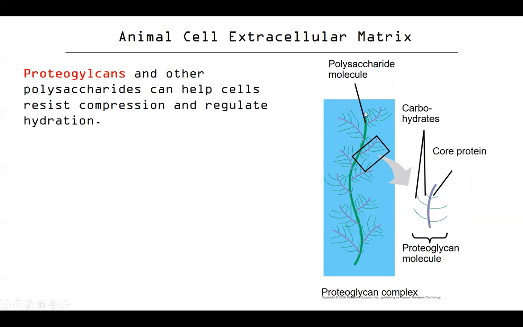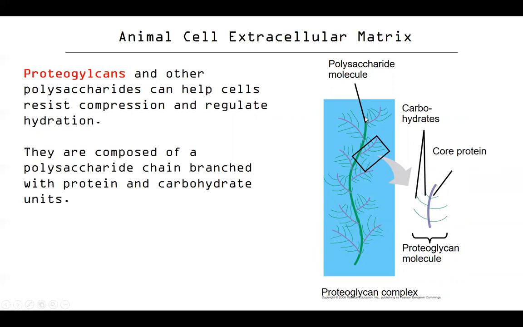So in our proteoglycan, we have a polysaccharide chain in the middle. This is the green part. And from that, you have branches of protein, which are going to be more lavender. You can see the core protein here, and then smaller carbohydrates branching off of it. So it's a highly complex branch structure that contains largely carbohydrates, but also proteins branching off of it.